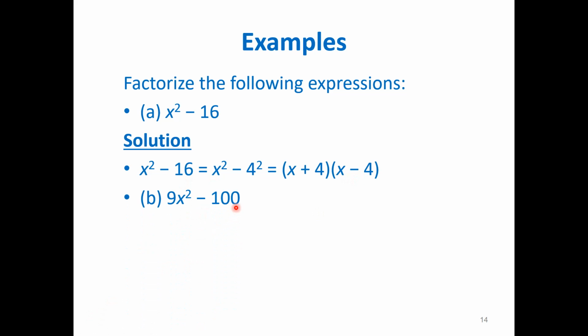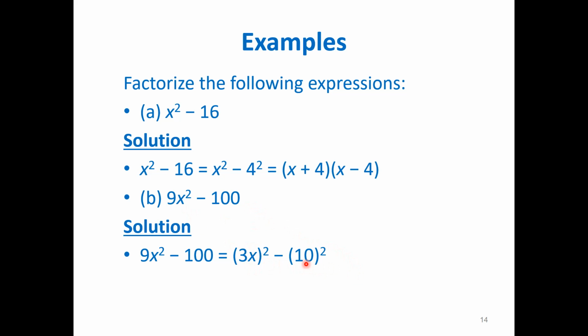How about this question, 9x squared minus 100? Well, we will try to write this as a difference of two squares. Well, 9 multiplied by x squared, we can write it as 3x squared. 3x together is squared. And 100, we can write it as 10 squared. Then the result will be a difference of two squares, because 3x squared is 9x squared, and 10 squared is 100.